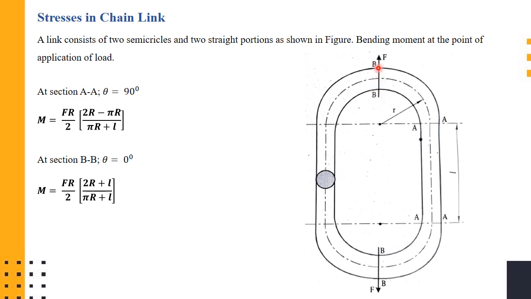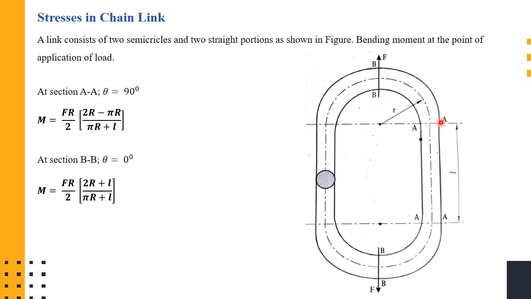I have told you in the previous lecture also, if a tensile load is acting here, with respect to section BB, compressive stresses will be generated at the inner surface, and tensile stresses will be generated at the outer surface.